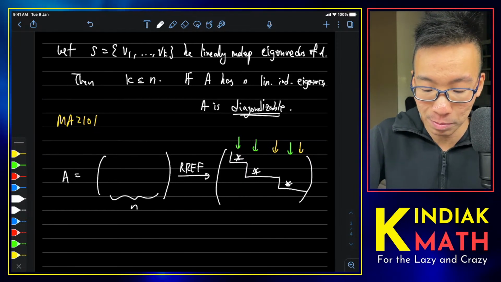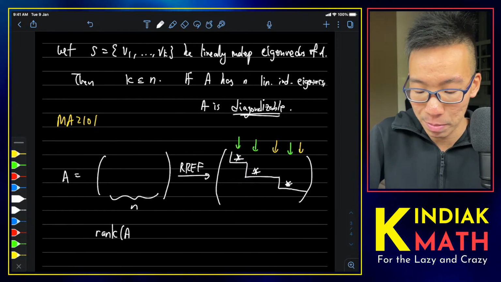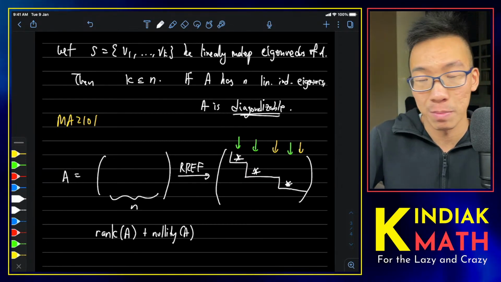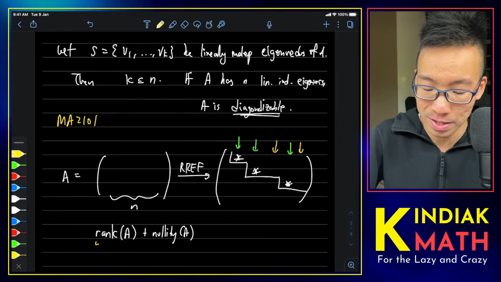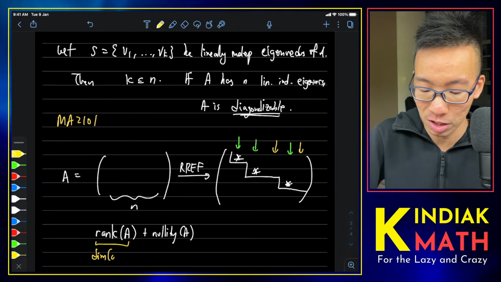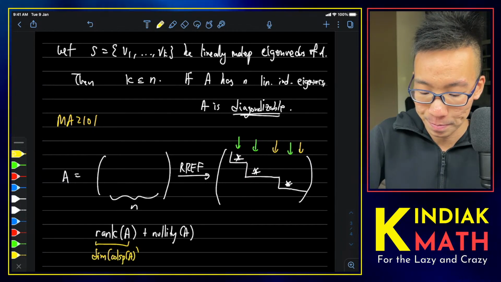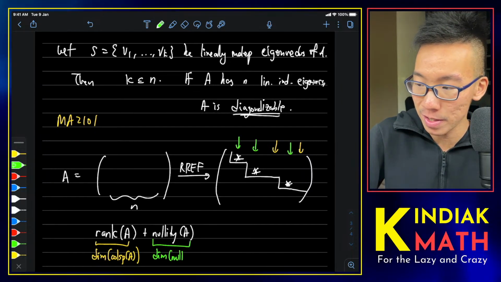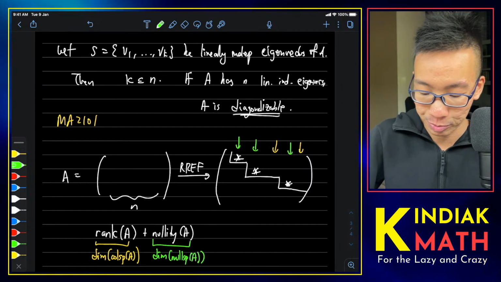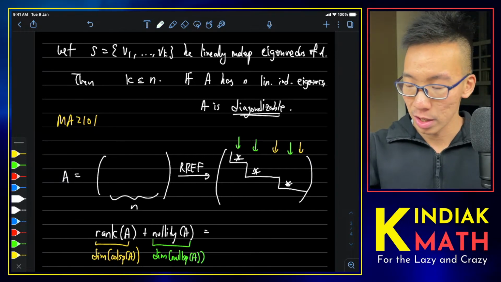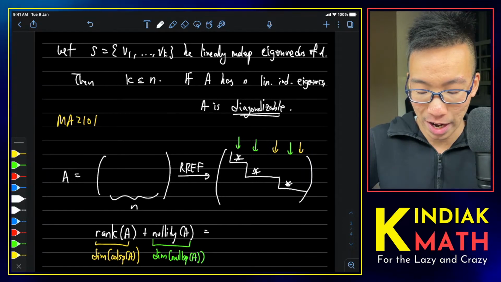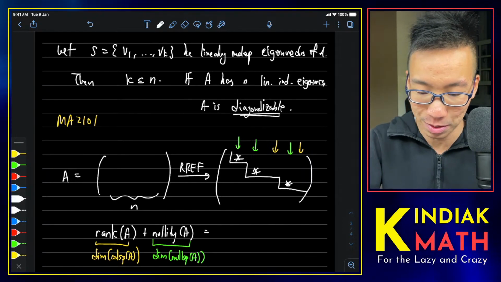So the rank nullity theorem tells us that the rank of the matrix plus the nullity of the matrix should equal something. Roughly speaking, this tells us the dimension of the column space of A, and this tells us the dimension of the null space of A. The dimension of the column space is given by the number of pivot columns. I probably should have used different colors to denote that.